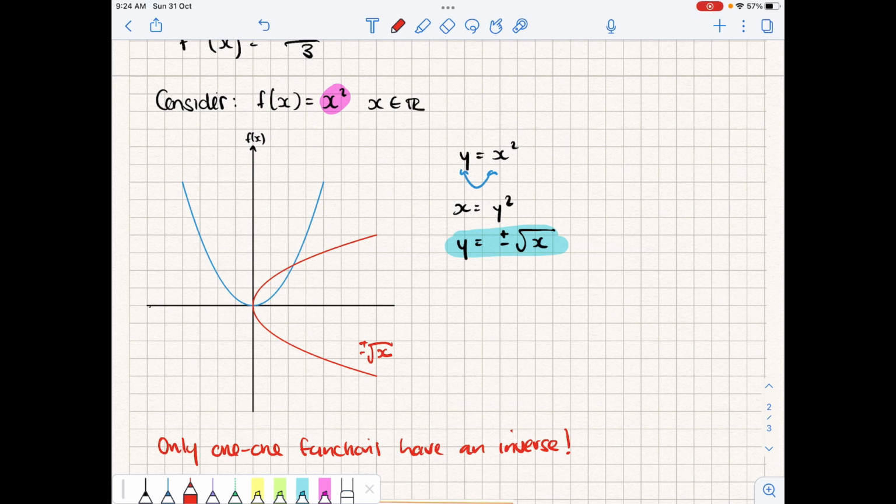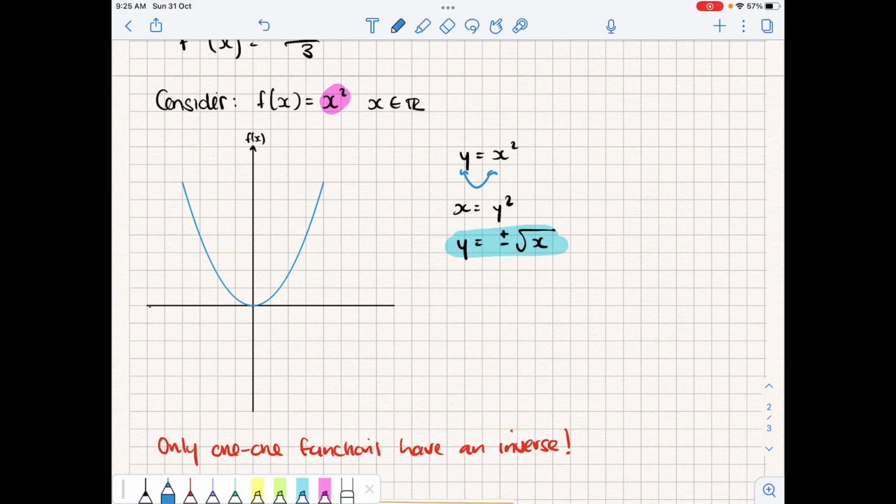However, there is a simple way that we can convert our many-to-one function into a one-to-one function in order for it to have an inverse. So the simplest and easiest way that we would normally do this is we would put a domain restriction on the function.